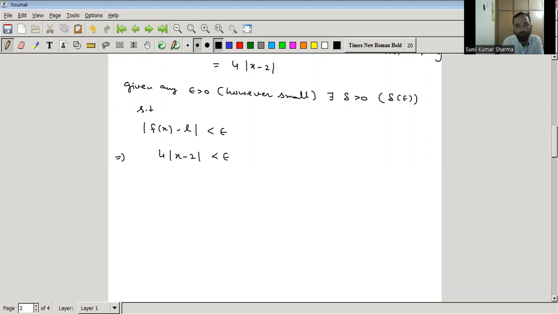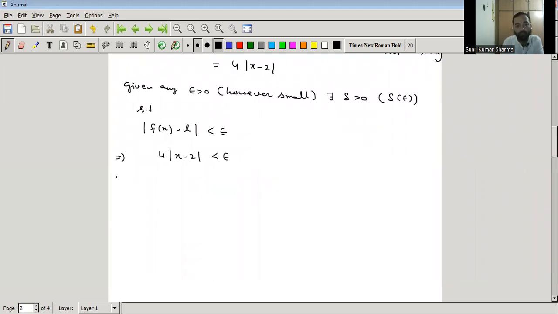So what we do? We multiply both sides by 1 by 4. Because 1 by 4 is a positive real number, if we multiply with a positive real number, there is no change in the inequality. If it were minus 4, then multiplying by a negative sign changes the inequality.